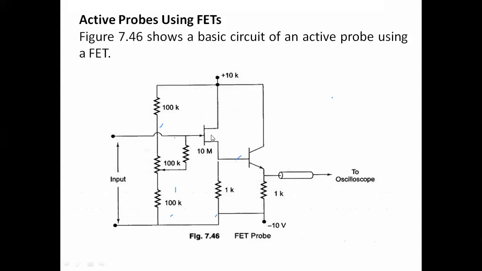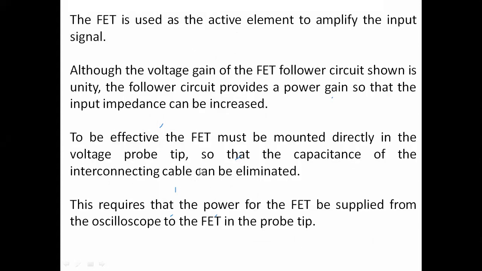To provide the high input impedance, the FET will be used as a follower. We can also use a BJT, and the output will be connected to the oscilloscope, and here we apply the input.